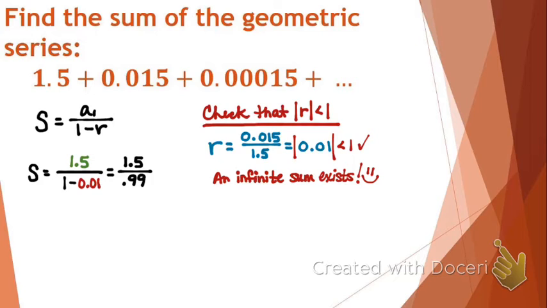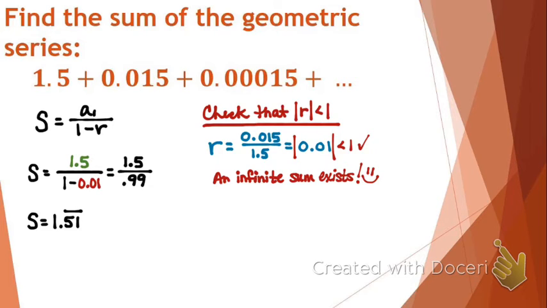We are always supposed to leave our answers in exact form unless the directions say otherwise. If it requires rounding, we can't give that as a final answer. Pop this into your calculator and tell me what you get. 1.51 repeating. That means we would have to round this, right?